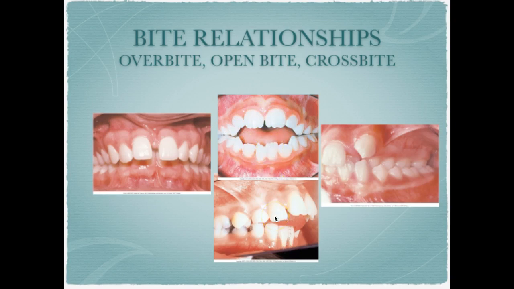It's just open in the anteriors. Or a cross bite where the maxillary teeth occlude toward the lingual side of the mandibular teeth, where normally, when our teeth are in occlusion, the maxillary buccal cusps are slightly over the buccal cusps of the mandibular teeth, and this is the opposite here.